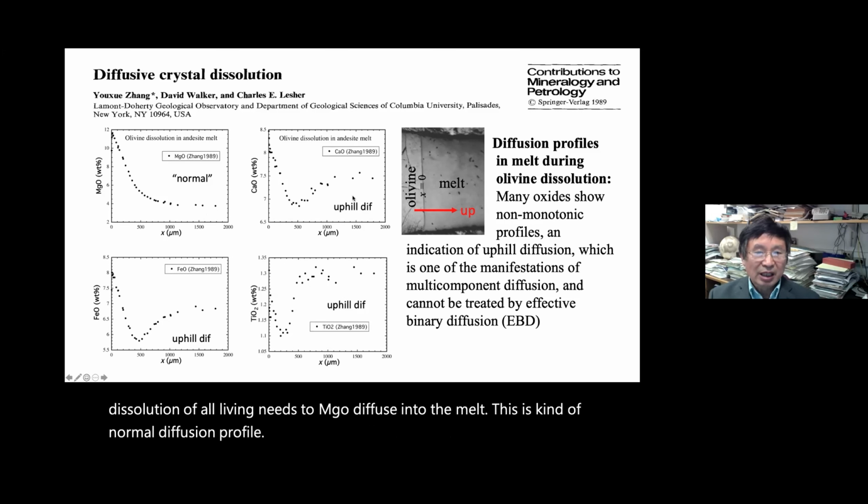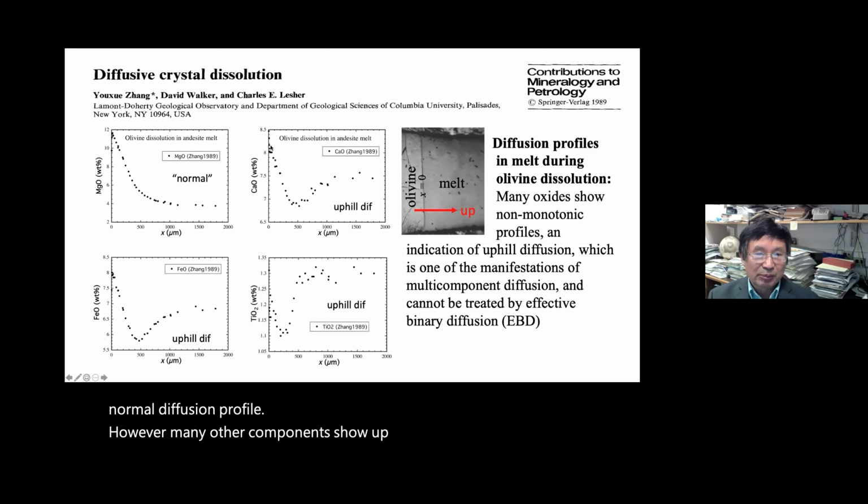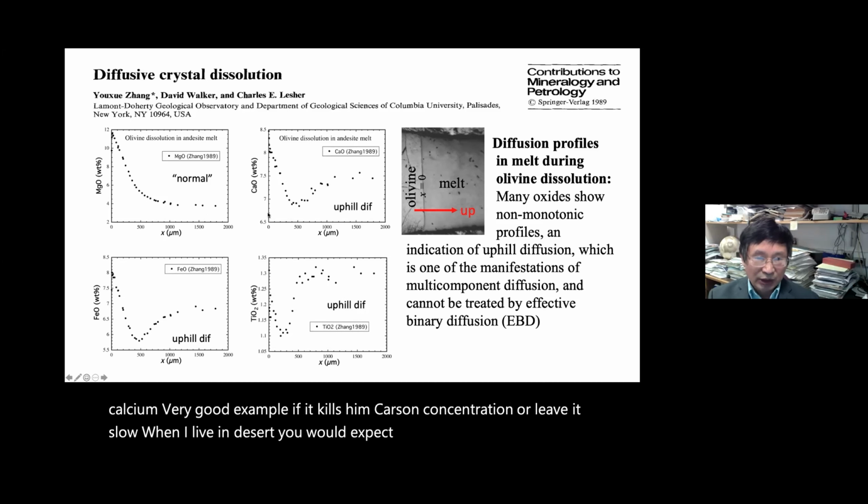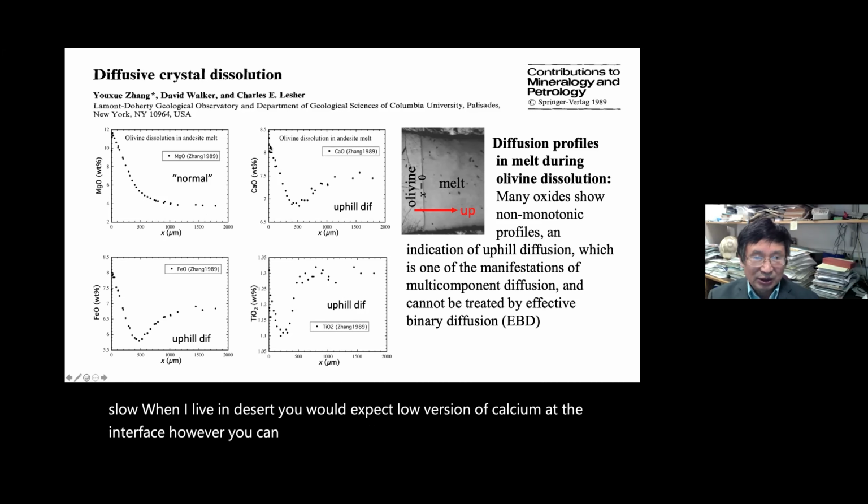However, many other components show uphill diffusion. Calcium is a very good example of it. Calcium concentration in olivine is low. When olivine dissolves, you would expect low concentration of calcium at the interface. However, you can see that the calcium concentration at the interface is actually very high.